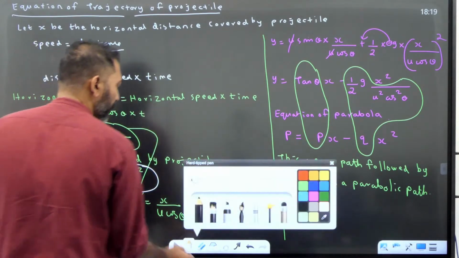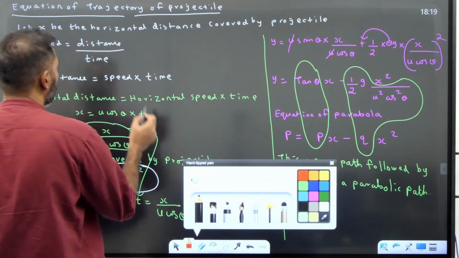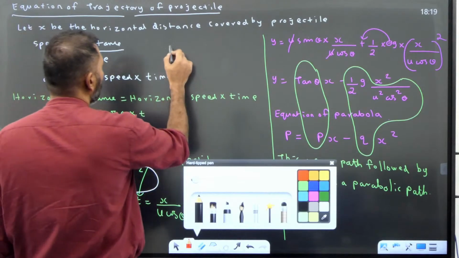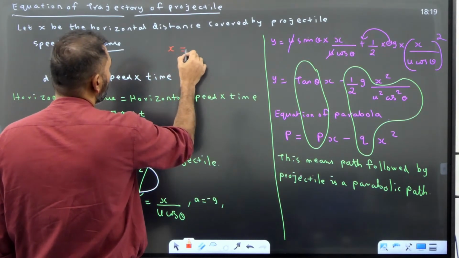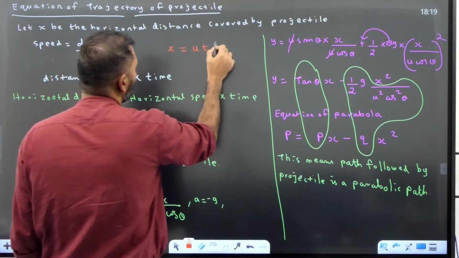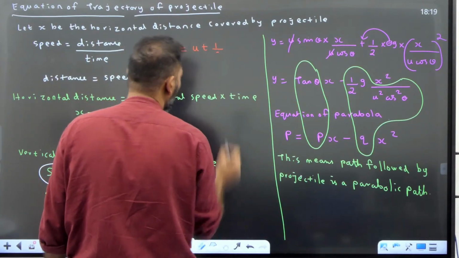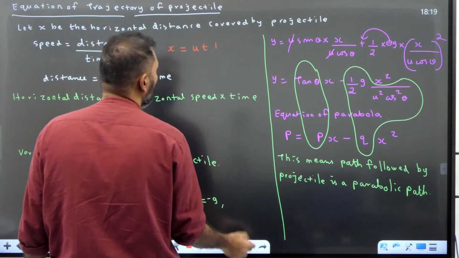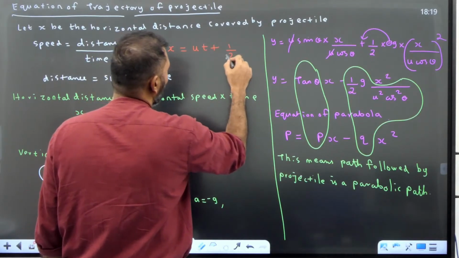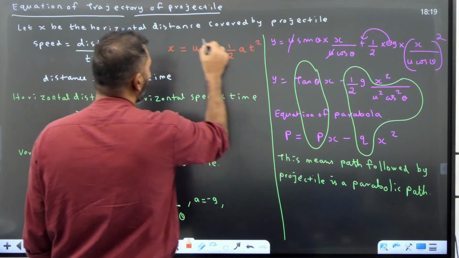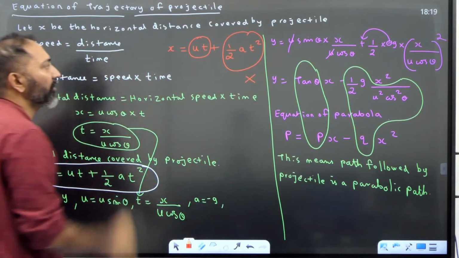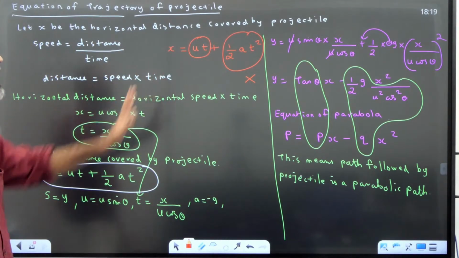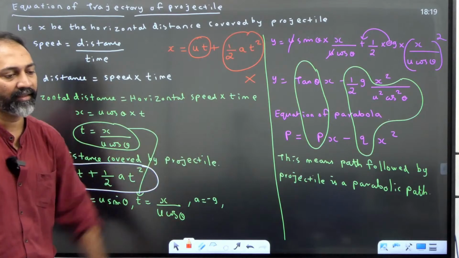Then why are you not using the same equation, ut plus half a t square, for the horizontal component? I am simply doing only u into t. Why is this term not used for the horizontal component? Some students might be thinking like that. What is the reason behind that?